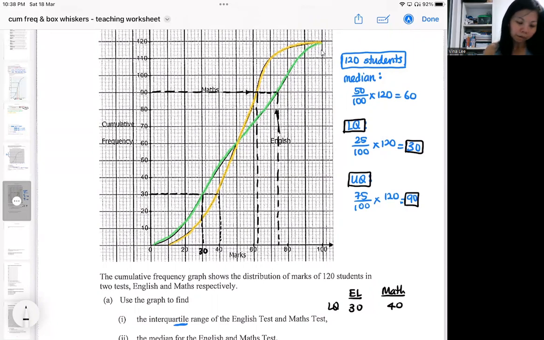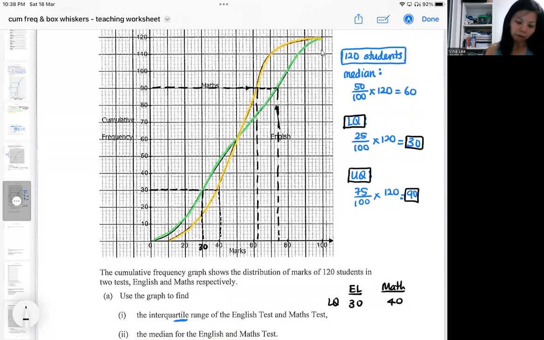For math, the upper quartile is 62. For English, the green color one, the upper quartile is 74.